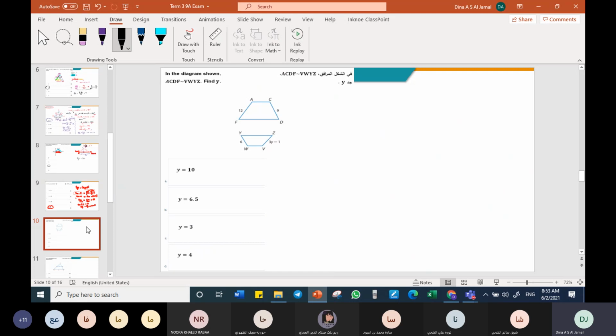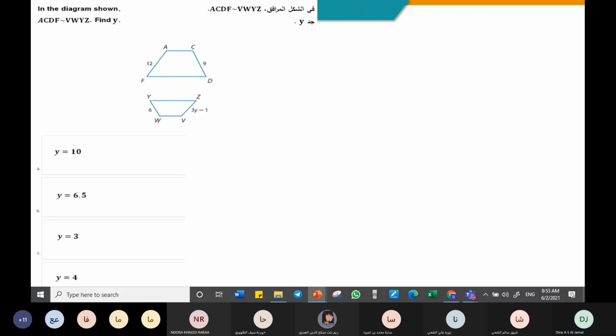Now, let's see this problem. In the diagram shown, I'm having polygons that are similar, and pay attention to the symbol. Whenever you are having this symbol, that means they are similar. Whenever you are having this symbol, that means they are congruent.